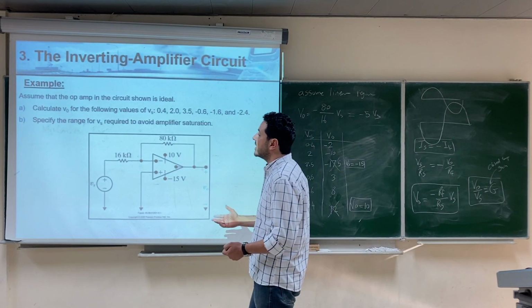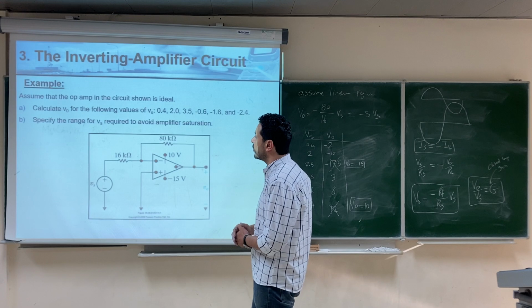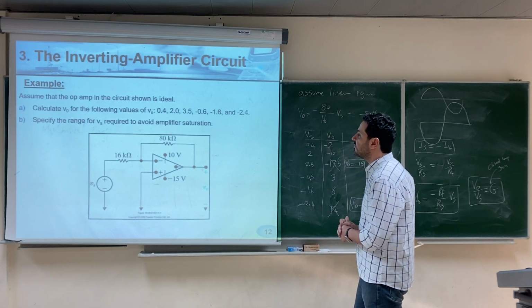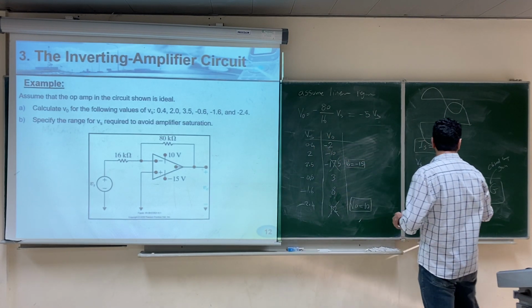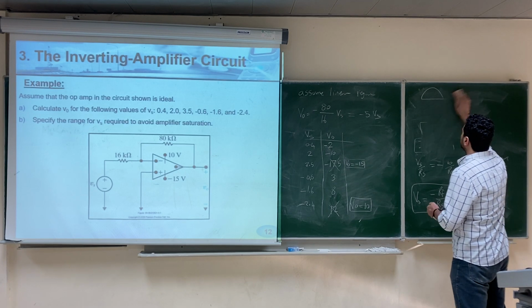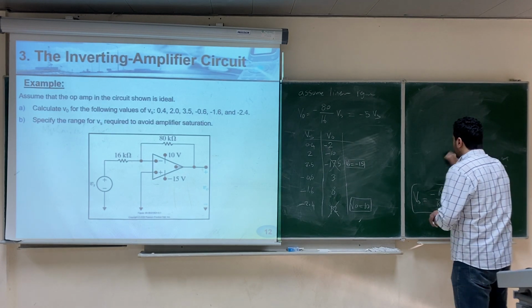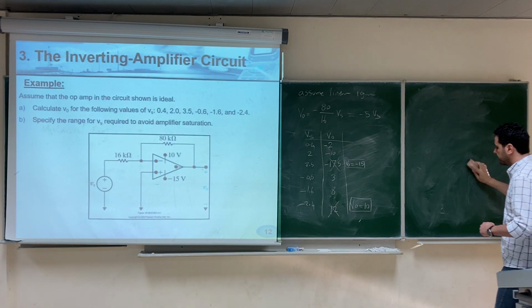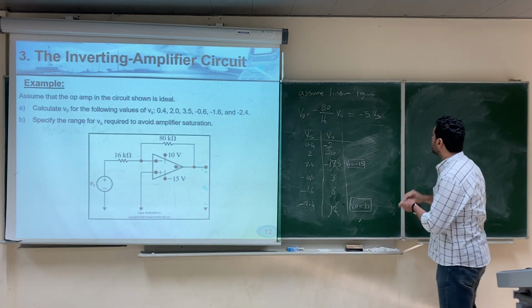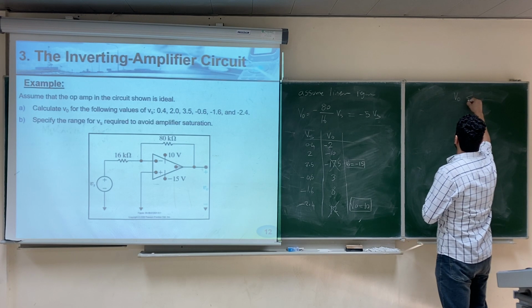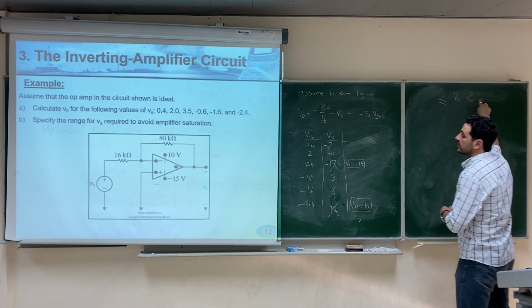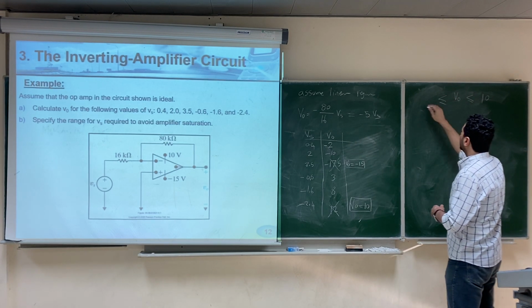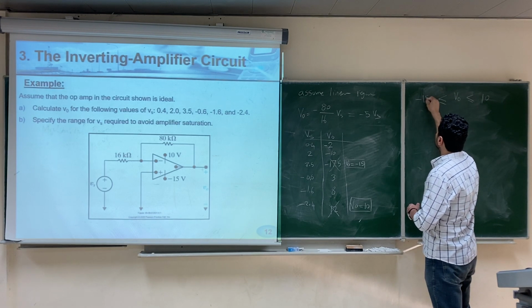Then in the next part it says, specify the range for Vs required to avoid amplifier saturation. In order to avoid amplifier saturation, what's the condition? Write the condition. Ask yourself, what's the condition for the amplifier not to saturate? V output must be less than the positive DC bias, which is 10, and greater than the negative DC bias, which is negative 15.